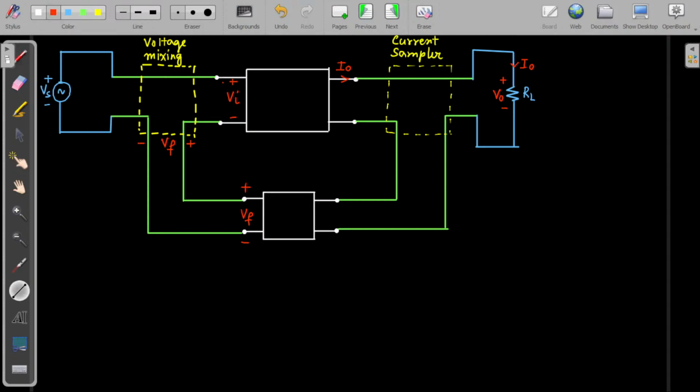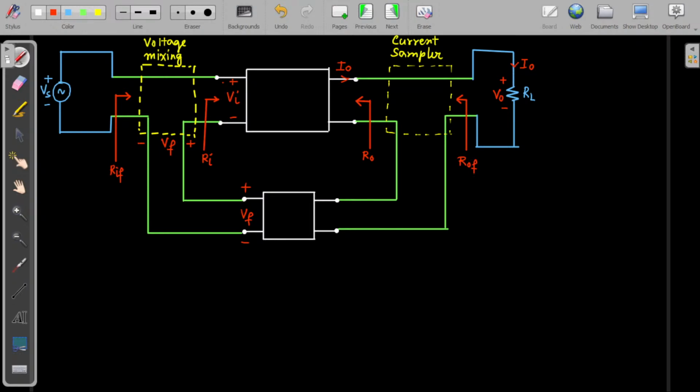So let us say if we measure the input resistance at this point, and if we measure the input resistance at this point, both of them will be different. So यहाँ पे होगा आपका Ri और यहाँ पे होंगे आपका Rif. Similarly if we measure the output resistance here and if we measure the output resistance here, so ये दोनों प्लेस में मेरा आउटपुट रेजिस्टेंस अलग अलग होंगे. यहाँ पे R0 और यहाँ पे होंगे R0f.